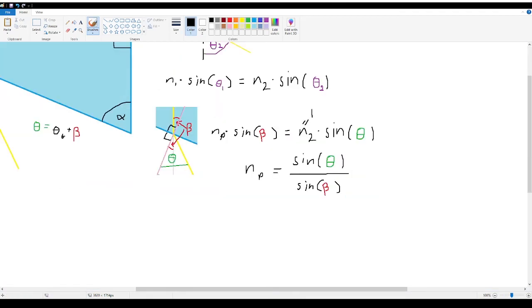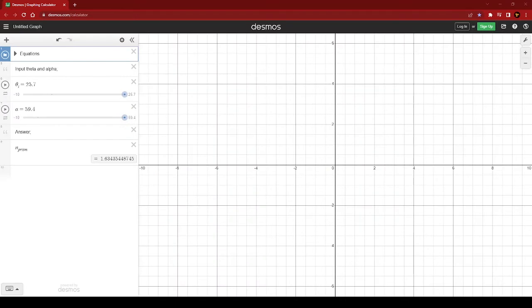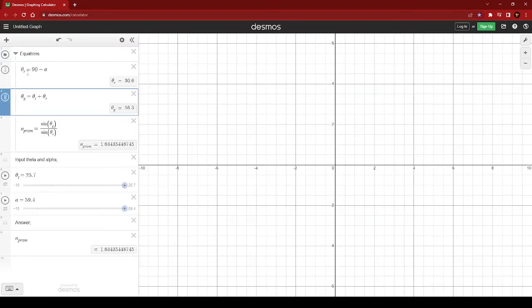So now the only thing left to do is to check if this works. So we can switch over to Desmos, and you can see our red angle is going to be beta, which is 90 minus our alpha, and our green angle is going to be our given theta t plus our red angle as defined. The index of refraction of our prism is going to be the sine of the green angle over the sine of the red angle.